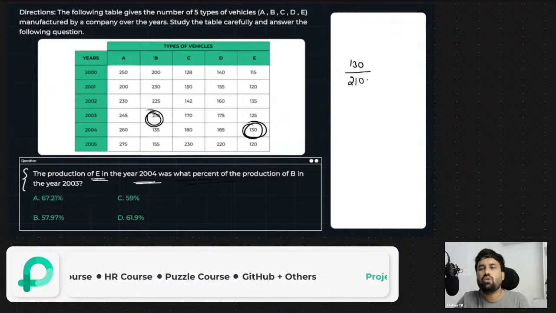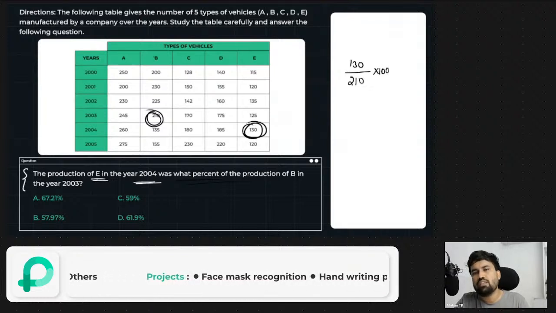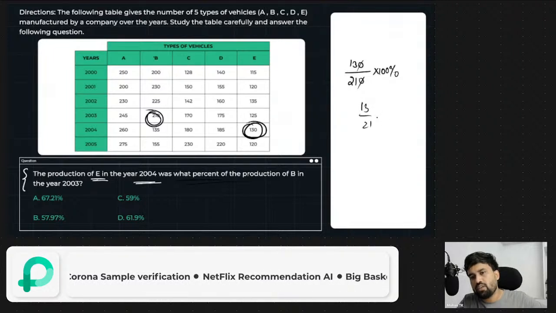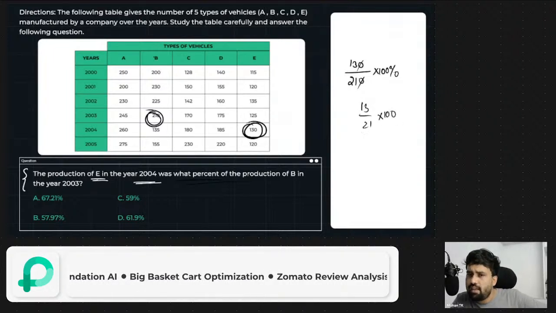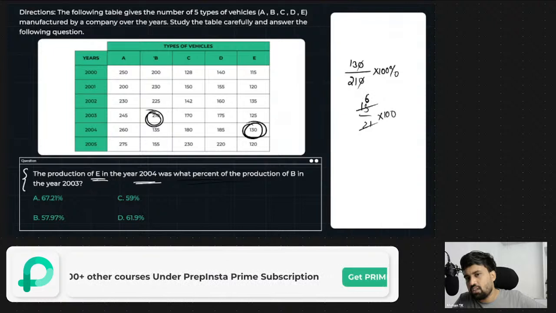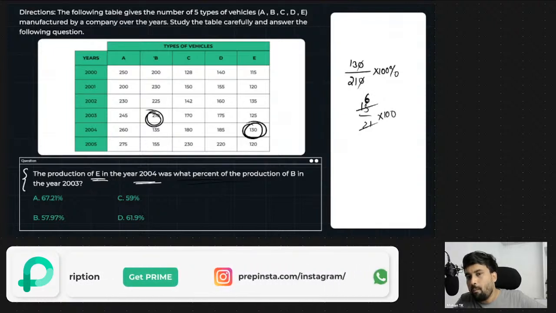That's it. So 130 by 210 into 100% is your answer. That's it. 0, 0 got cancelled. 13 by 21 into 100. Let's see. If I assume this is 20, 20 will cancel 12 around 6 times. So my answer will be more than 60.